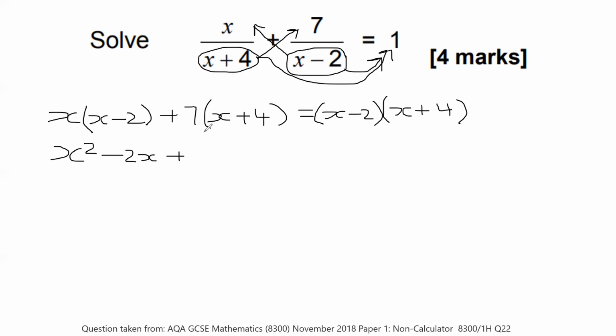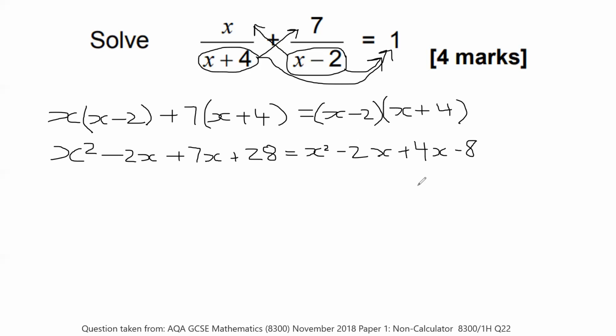And similarly for this next bracket, we're going to have 7x plus 28. And if we multiply out or expand this double set of brackets, then we're going to end up with x squared minus 2x plus 4x, and then minus 8 on the end.